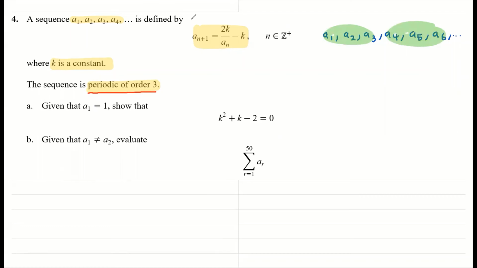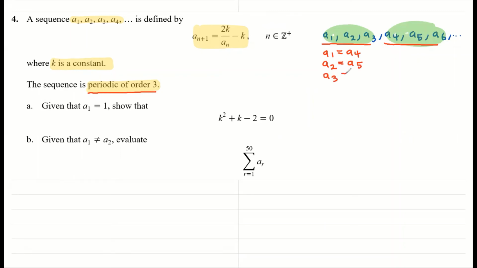Now we can explore this more generally. So what I'm saying in this instance is that A1 would be exactly the same as A4, okay? Because of this pattern, it's repeating every 3 terms. Okay, I suppose technically it's every 4th term, but there's 3 distinct terms that repeat. A2 is going to equal A5.